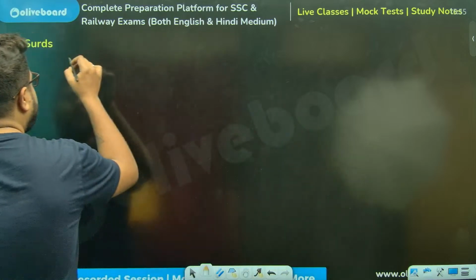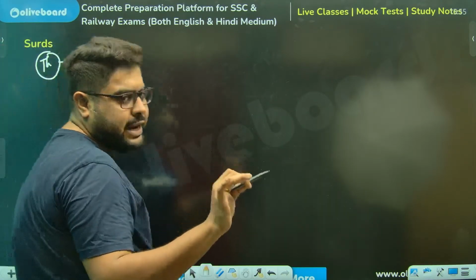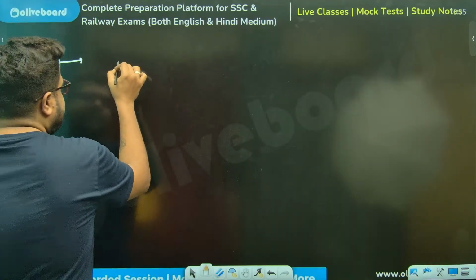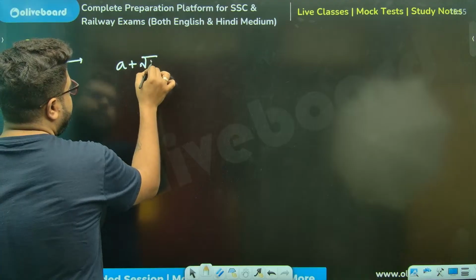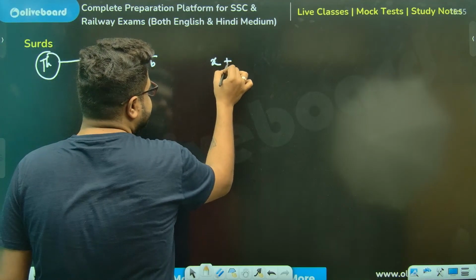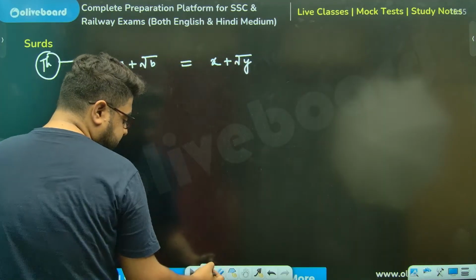Now there is a property or theorem. Is it okay if I take 10-15 minutes more? The theorem says there is a surd, let's say A plus root B, and there is another surd, X plus root Y, and they are said to be equal to each other.